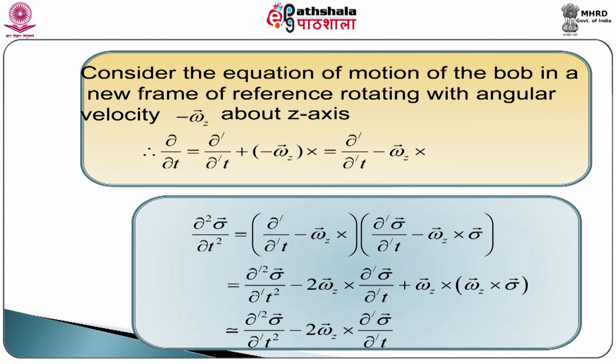Let us consider the equation of motion of the bob in a new frame of reference, which is rotating with angular velocity minus omega vector z about the z axis. So, the operator ∂/∂t changes in this way, where ∂/∂t equal to ∂'/∂t minus omega vector z cross.